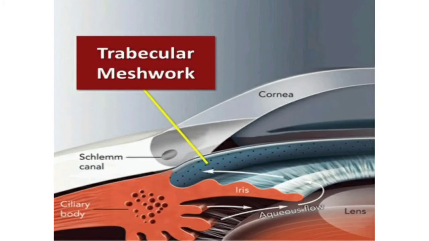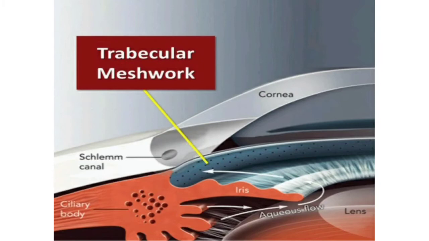From the trabecular meshwork, it goes through that small canal, that is Schlemm's canal, and Schlemm's canal will eventually bring it to the episcleral vessels, which will then mix with the blood. In this way, this drainage occurs. Okay, you can understand. First was the ciliary process producing the aqueous fluid.